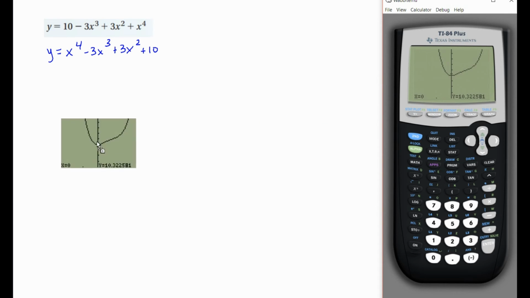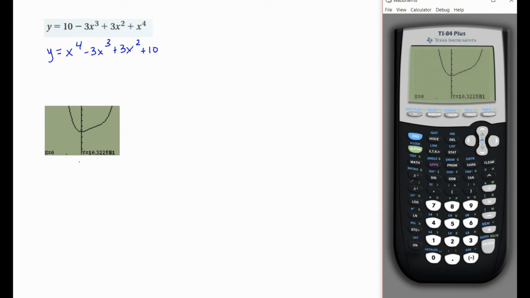Alright. So in fact, this time I only have one turning point, and that is right there. So I need to find that minimum value. So second calc minimum. You really got to pay attention to these graphs. So right there, that's fine, and over here to the right. Okay, enter, enter.